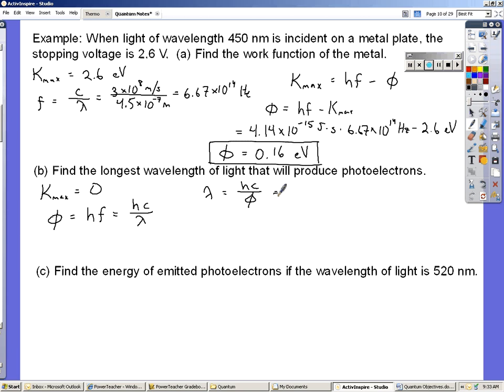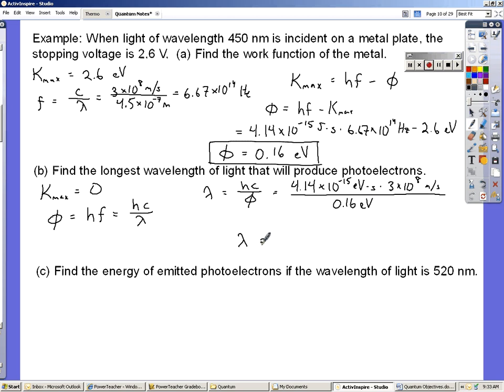Our work function is given in electron volts, so we're going to use the value of h that has electron volts. Speed of light, 3 times 10 to the 8th meters per second. And phi, 0.16 eV.